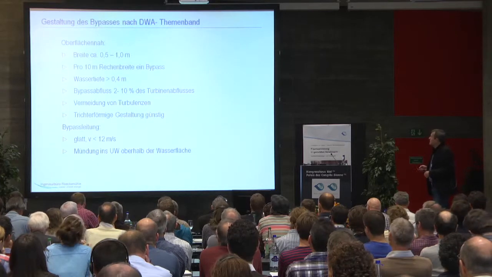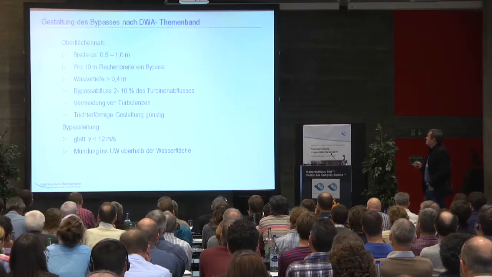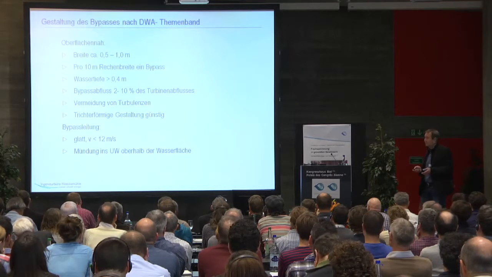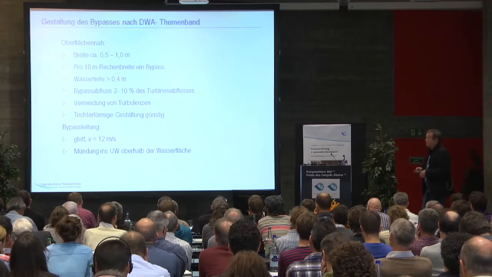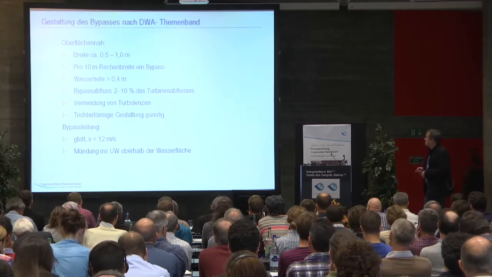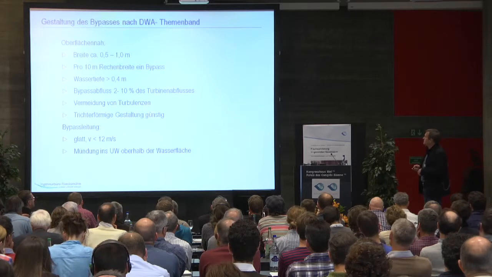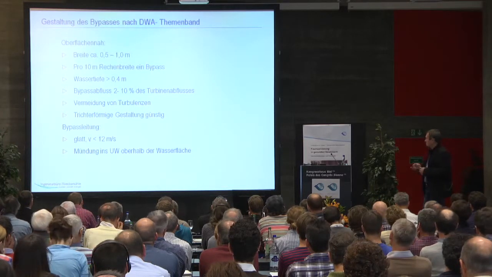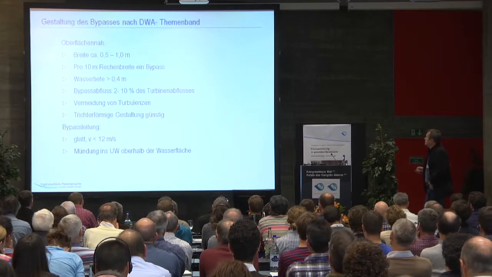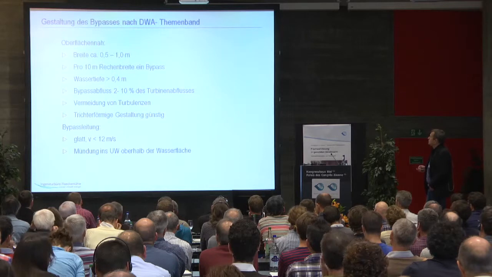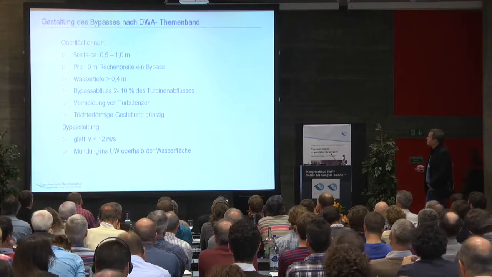Now, regarding the bypass itself, I want to refer your attention to the DWA data sheet, the old one, which is still valid, I think, because it contains good recommendations and principles for insulation, for instance, and I think this is very important.